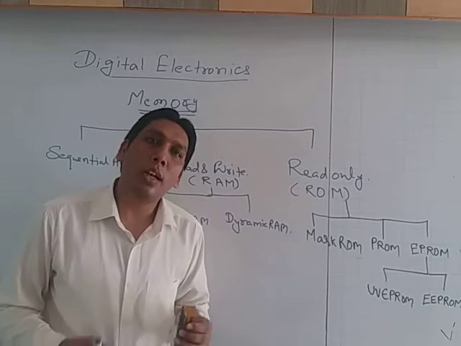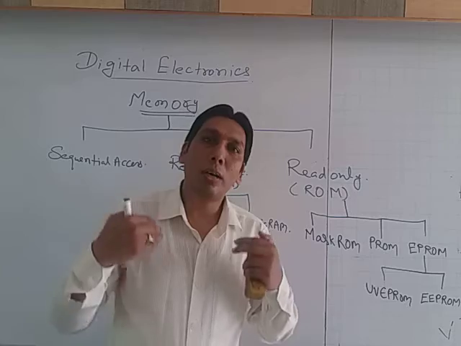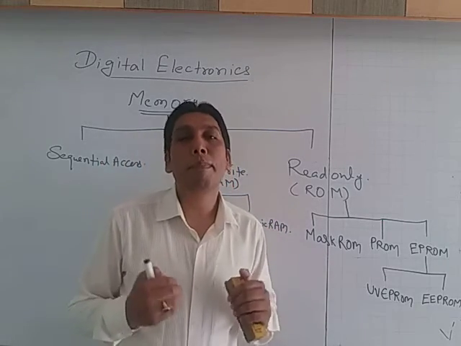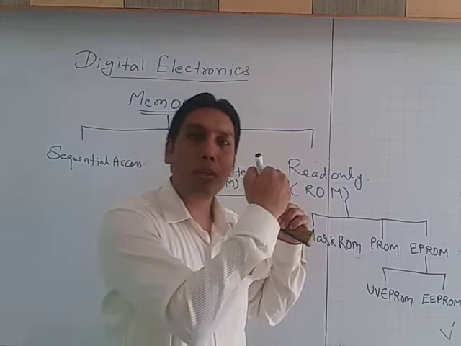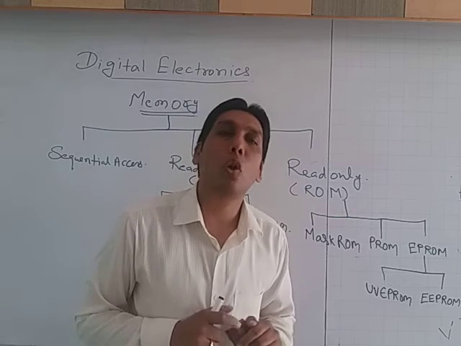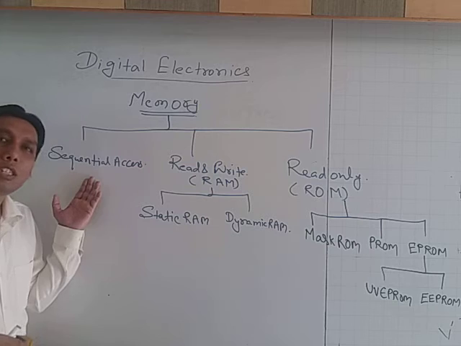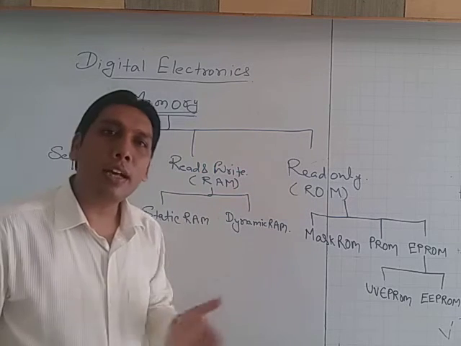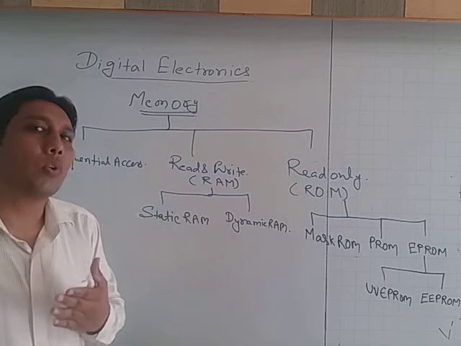If a user wants to read the information at slot number 5, for example, then he must read the information from slot number 0 to 4, and then he will reach slot number 5. That means in sequential access memory, the information is read sequentially, or written sequentially.